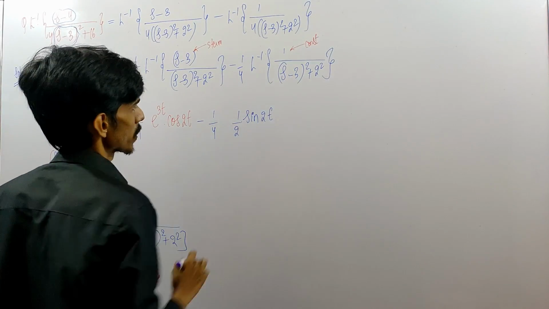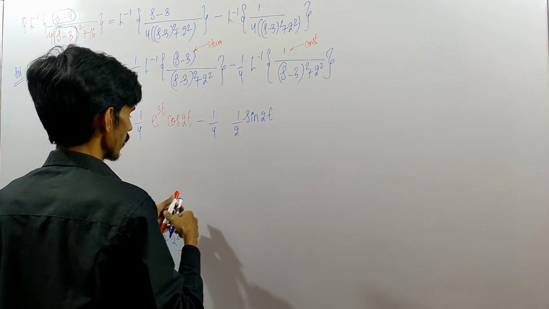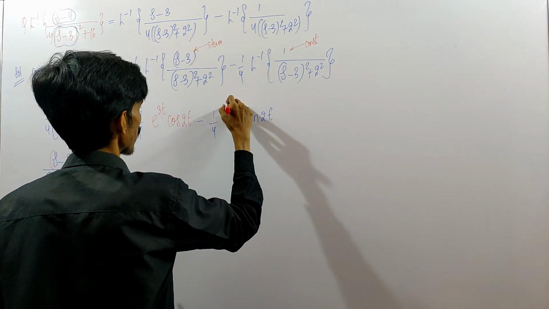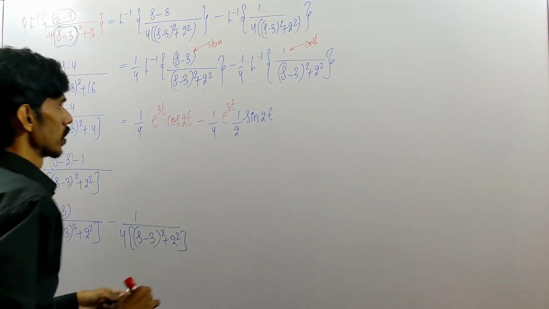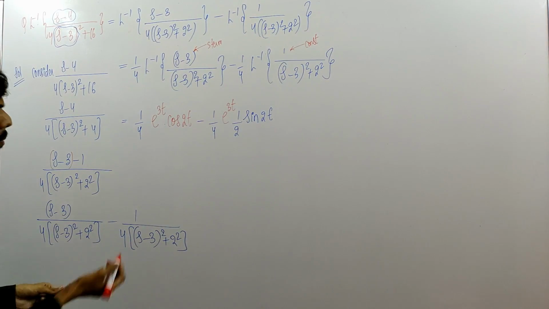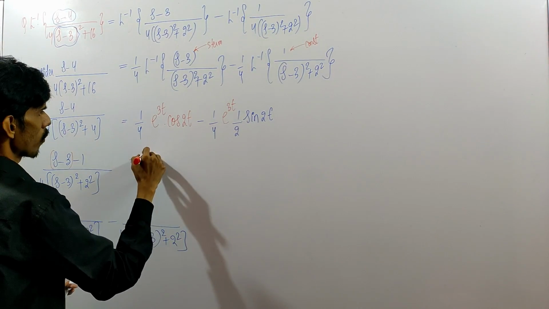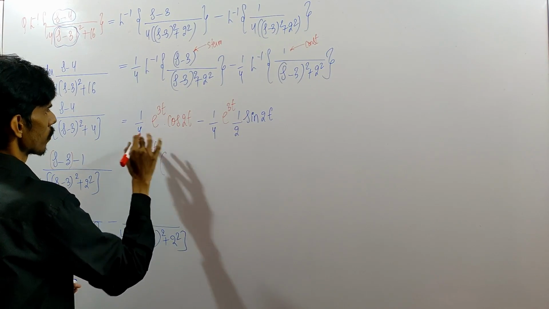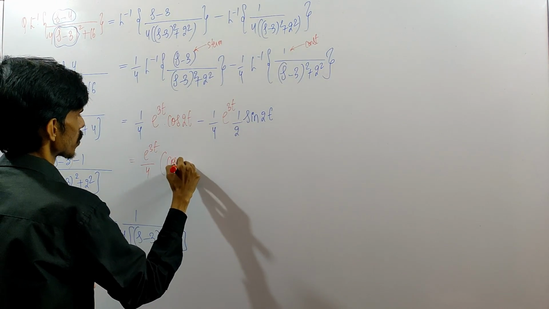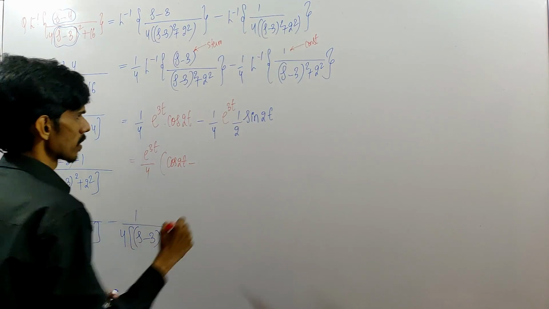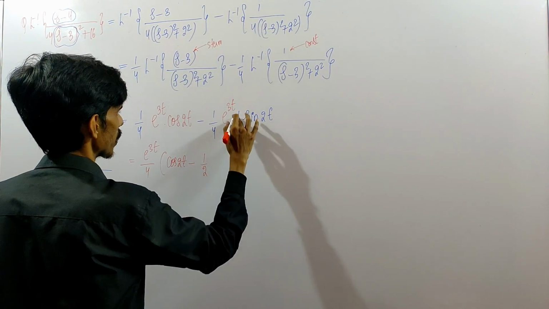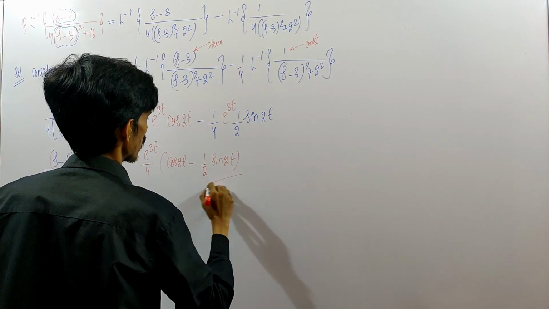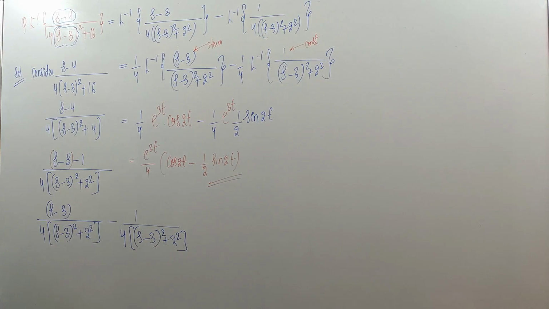Here we have s minus 3, so we get the exponential term e power of plus 3t. Taking e power of 3t by 4 common, we have cos 2t minus 1 by 2 sin 2t. So this is the answer for this question.